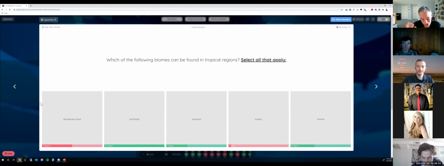Near the poles, near the North and South Pole. Again, the definition is within 20 degrees of either the North or South Pole. Everything in between polar and tropical regions is known as temperate. So basically polar, temperate, and tropical. If you have questions referring to those, it's just in terms of what slice of latitude of the Earth that environment is in.